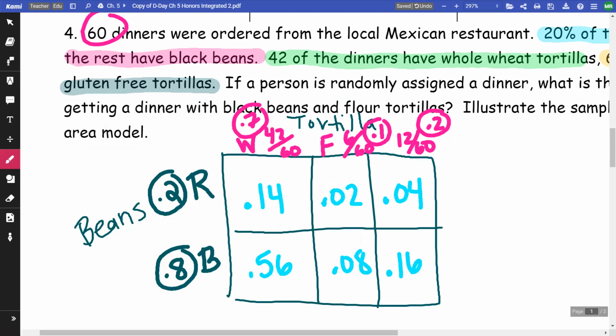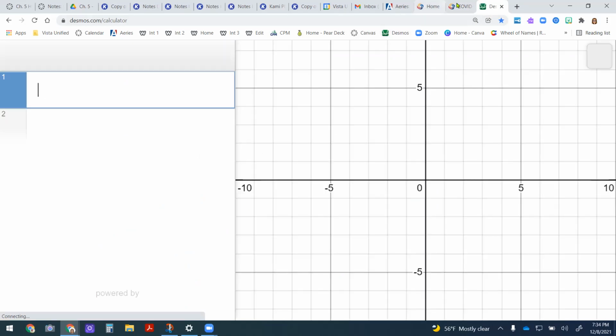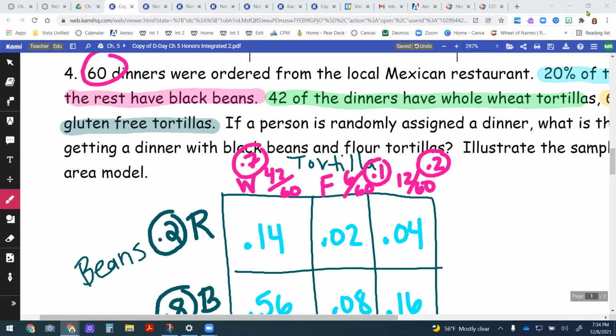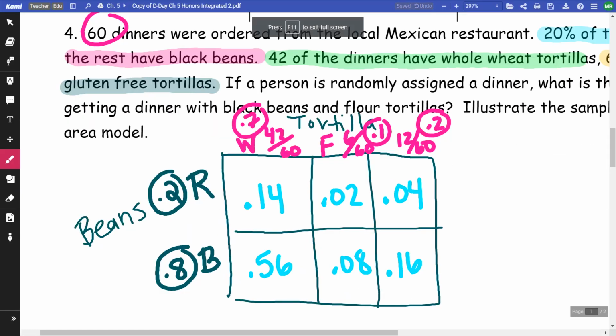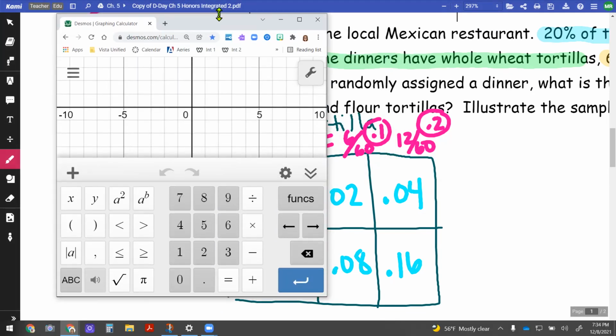And if I add the inside together, just to make sure, let me spread this out a little bit.